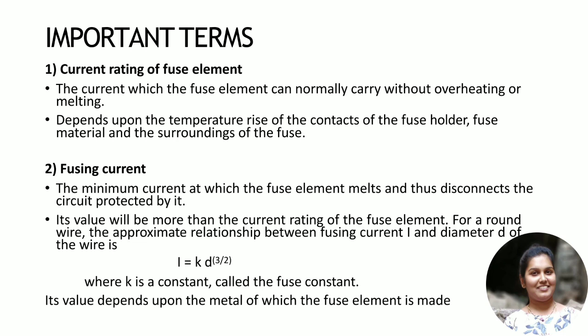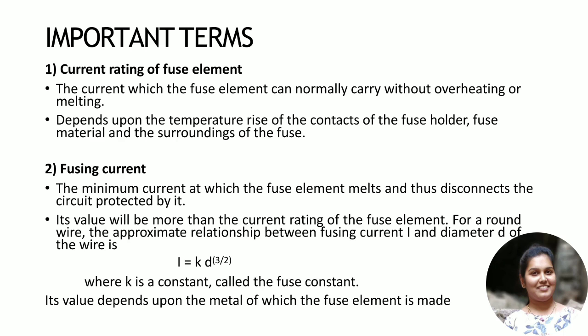If we apply a current of 8.1, which is slightly greater than the current rating of the fuse element, this minimum current at which the fuse will melt is called the fusing current. That is the minimum current from which the fuse blows out or melts itself in order to protect the load connected to it.